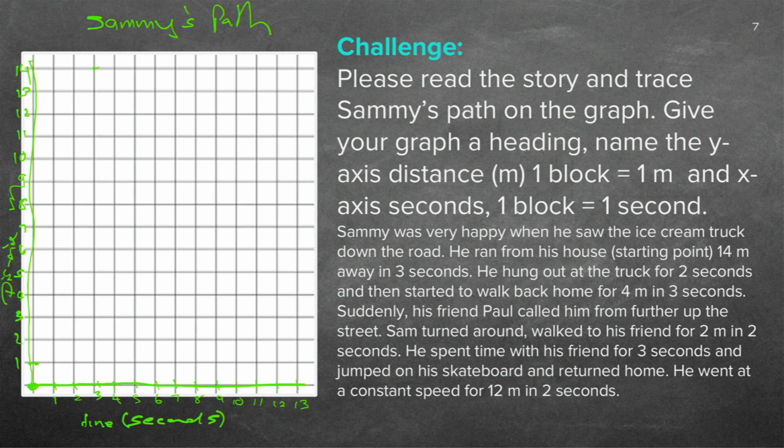So I'm just going to do a rough line, 14 meters away in 3 seconds. Okay. He hung out at the truck for 2 seconds. So 2 seconds, and that will get us to 5. So for 2 seconds, he's hanging out at the truck.